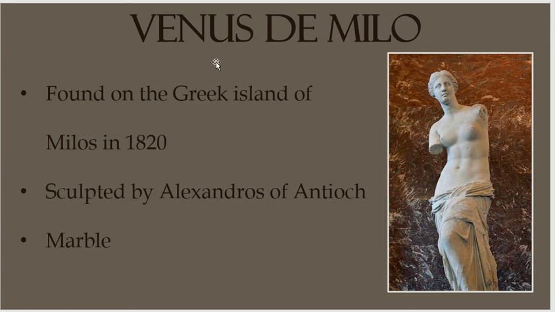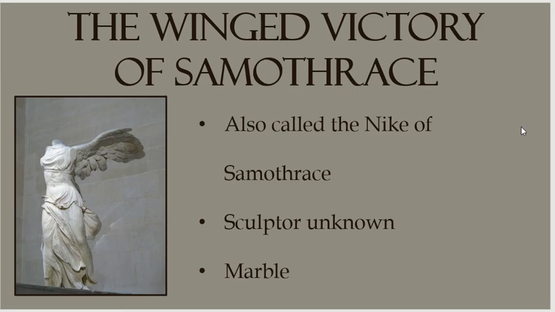Another really iconic, famous one, I'm sure you've seen this before also, is the Winged Victory of Samothrace. It's also called the Nike of Samothrace because this is a depiction of the goddess Nike, the Greek goddess of victory, and that's what the brand Nike is named after. So victory, athletics, makes sense.